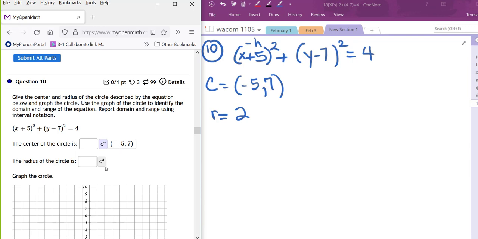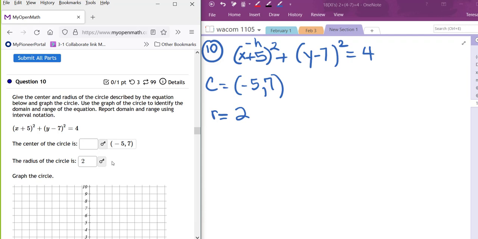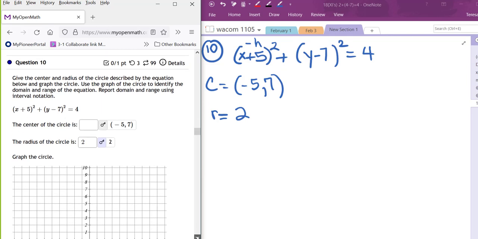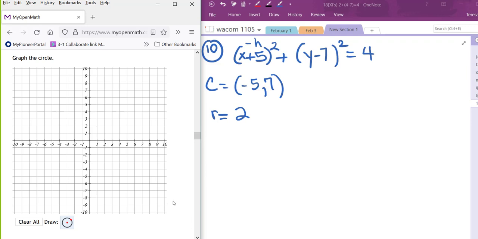-5, 7 with parentheses, good. Radius, I can enter that one. That's not too much trouble. All right, but it's going to count me wrong because I didn't answer that one. All right, and they want us to graph the circle this time. So you are going to use your circle tool, and you want to go to the center.